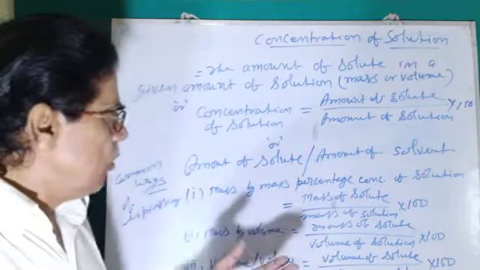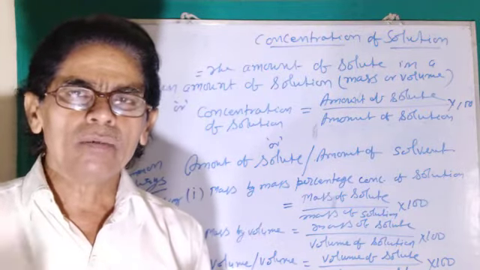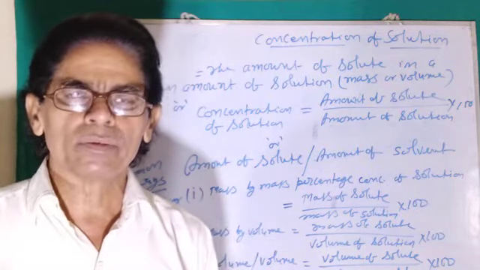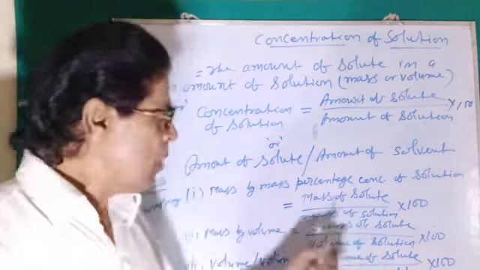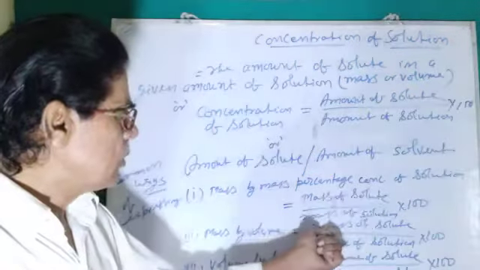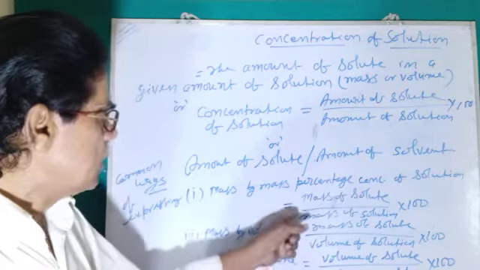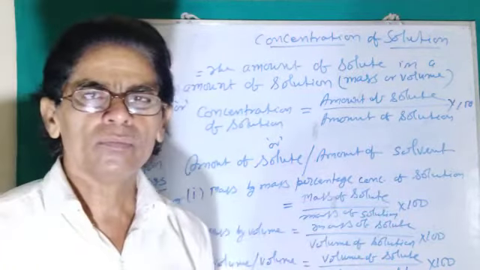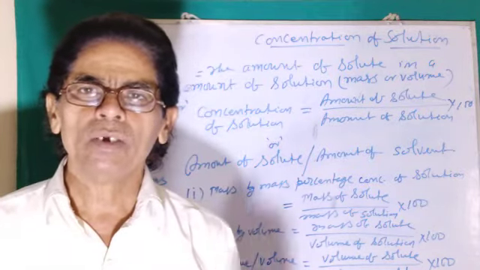It means the amount of solute present in 100 parts of the solution by mass. If the mass of solute is present in 100 parts of the solution, then we express the percentage concentration as mass of solute by mass of solution into 100.